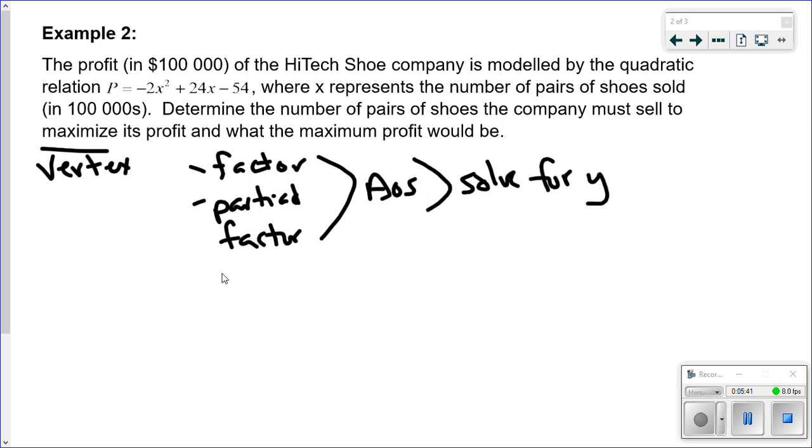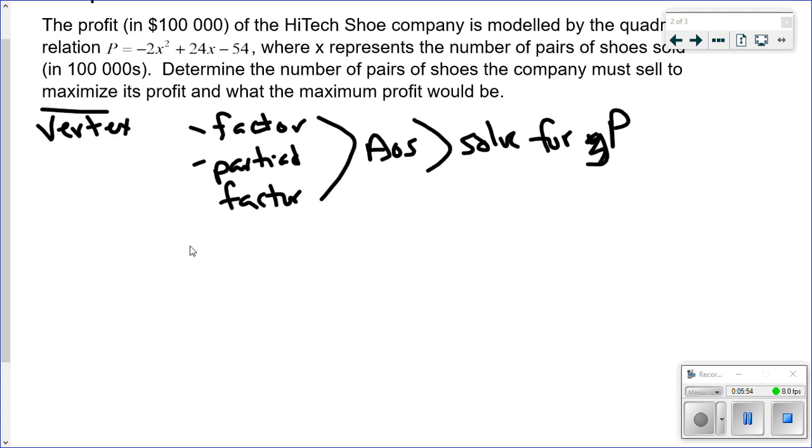In which case, we turn around and solve for y. Well, okay, fine, p in this case, since there's no y in this equation. And both methods will work just fine. I'm going to go through and factor it for no reason in particular, just because I can.